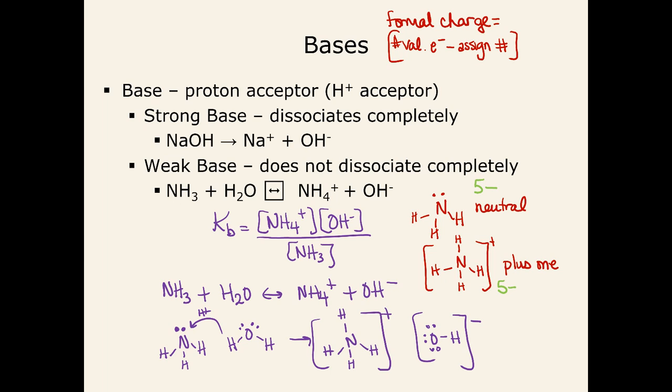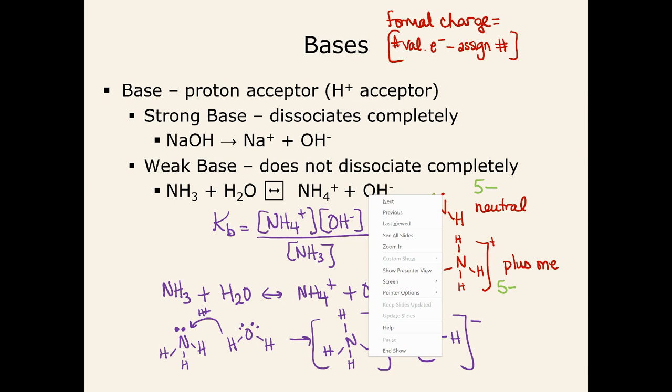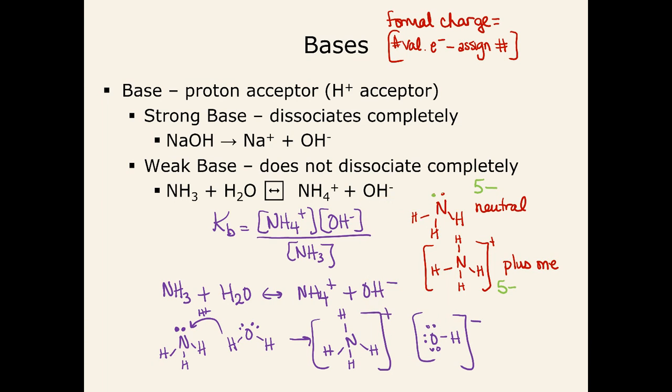You can watch me. 1 each for every lone pair electron, so that's 1, 2. 1 for each bond. 3, 4, 5. So my assigned number is 5. 5 minus 5 is 0. That's why it's neutral formal charge, saying that the electrons are evenly distributed.